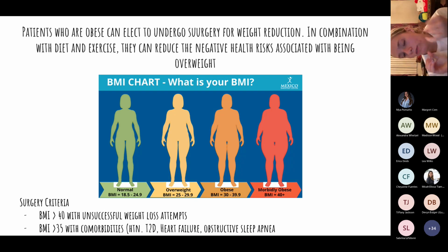So if someone has a history of untreated anxiety, depression, bulimia, binge eating disorder, all the above, surgery is not going to be an option for them, because we're not treating this underlying issue that can really make their surgery unsuccessful. So if someone has any sort of psychiatric issues, we need to get that under control before we go do a weight loss surgery.